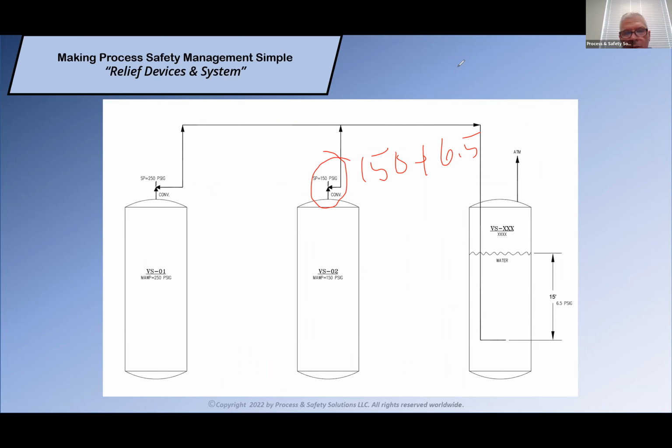And that's what we should be doing, adjusting that spring to take into account the back pressure that the system would see. Typically, in a lot of industries, it was never accounted for. So therefore, they would be out of compliance from a code perspective because the relief valve was not lifting at MAWP or less.